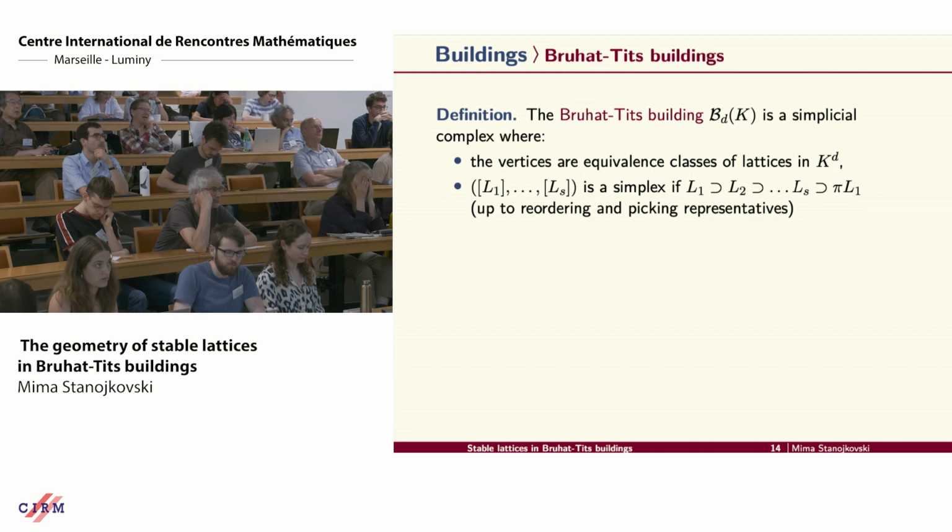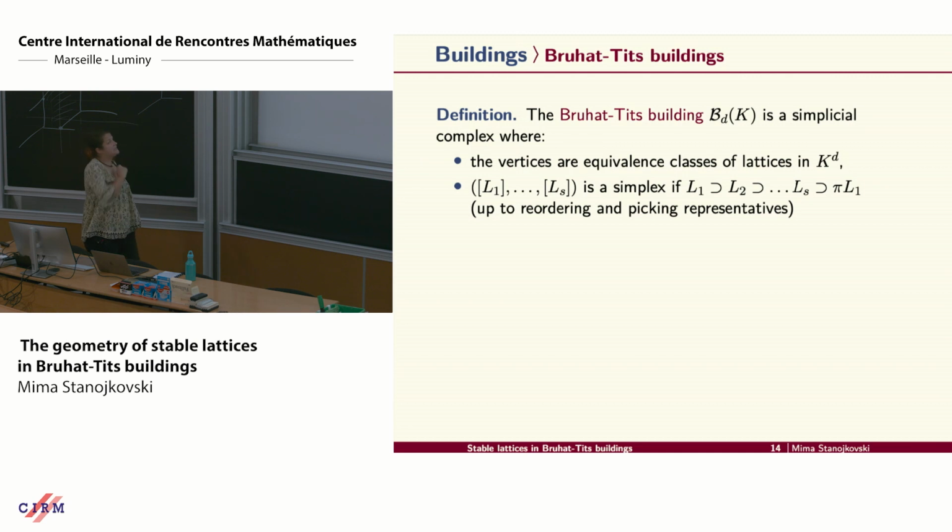So we have K, we have D. So the Bruhat-Tits building BDK is an infinite simplicial complex where the zero simplices are given by homothety classes of lattices in K to the D. And a simplex will be given by a chain L1 up to LS, which contains P L1, up to reordering and choosing representatives.